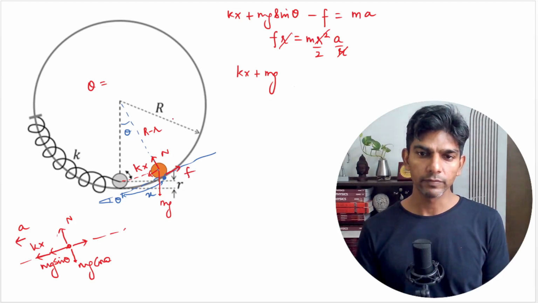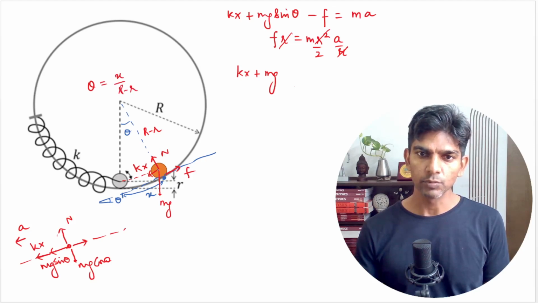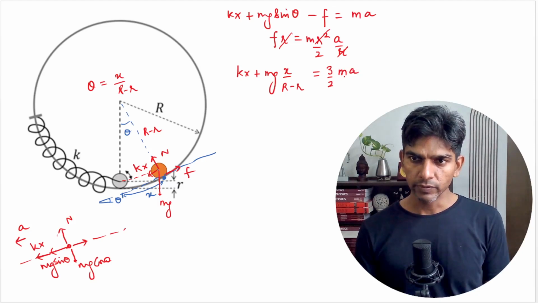So we can write kx plus mg x upon (R minus small r), and this should be equal to 3 by 2 ma. Now let us divide throughout by mass.